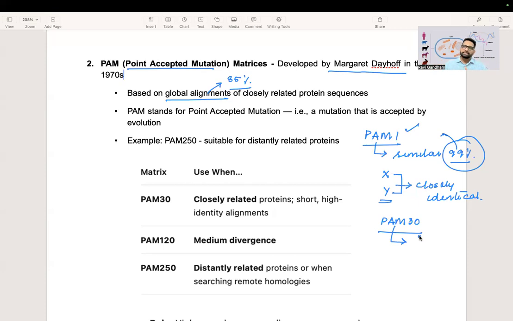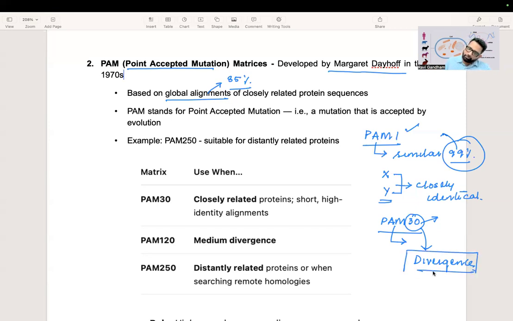So as the number increased, you are picking out chunks that were more divergent within those globally aligned sequences to calculate your probabilities. So this number ultimately indicates the divergence.